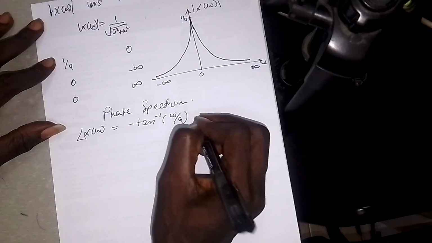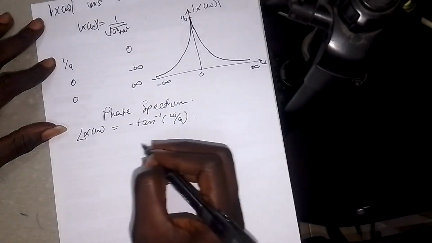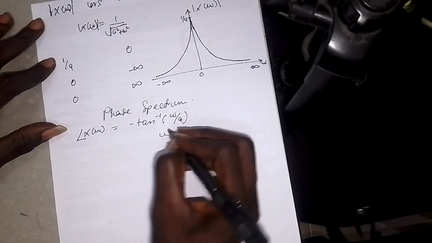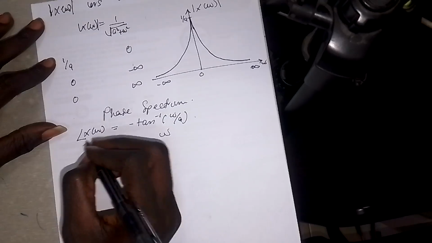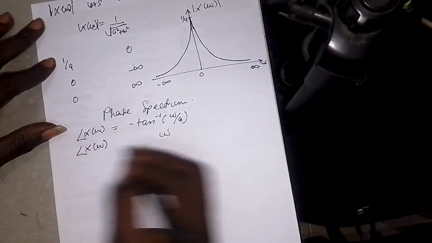So let's say here we have omega, and here we have X of omega angle.